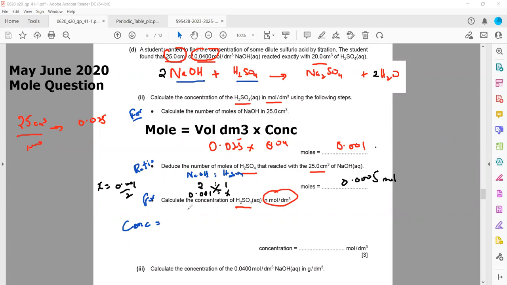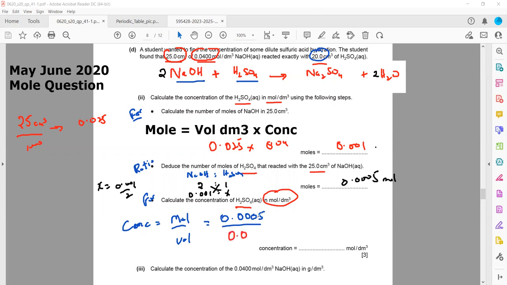So here, if we need concentration, it will be moles divided by volume. It's the same formula, but our subject is now concentration. That's why it is moles by volume. The moles of sulfuric acid used in this experiment, 0.0005, divided by the volume of sulfuric acid used, which is 20 cm cube. But whenever you substitute, it should always be in decimeter cube.